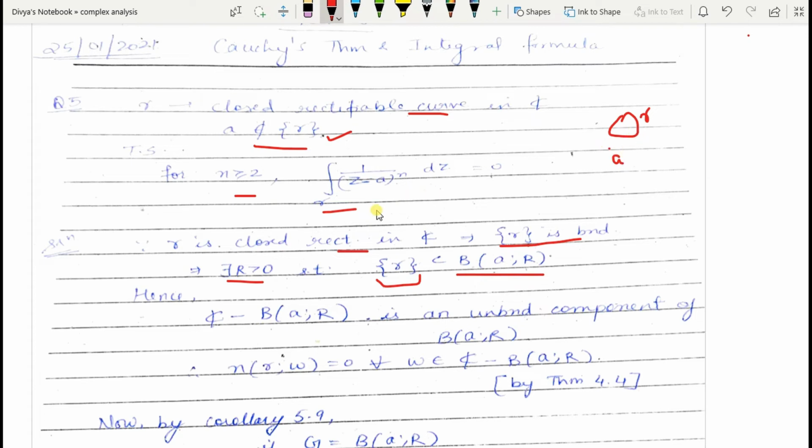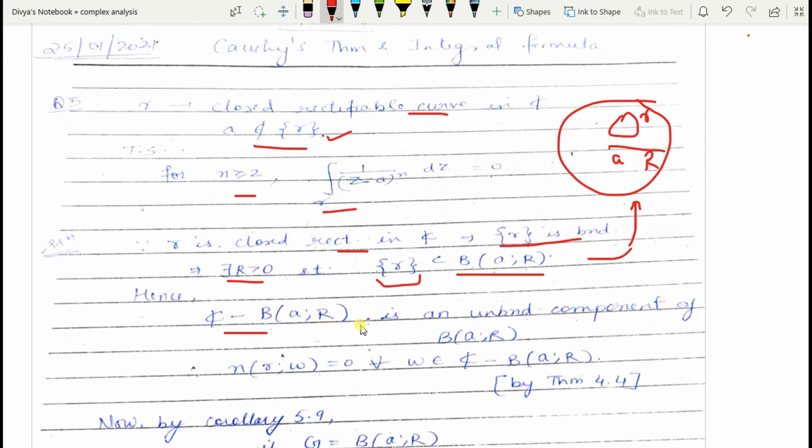Let us say a is here, right? So if this condition holds, then there exists an r greater than 0 such that gamma is contained in the ball centered at a with radius r. So this radius is r. This is what we are saying geometrically, right?